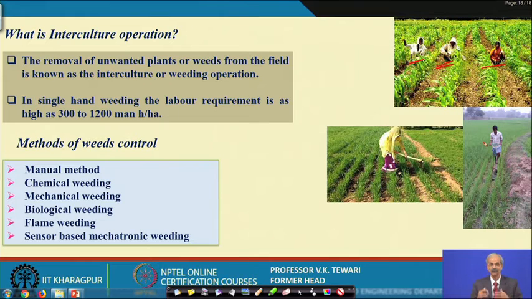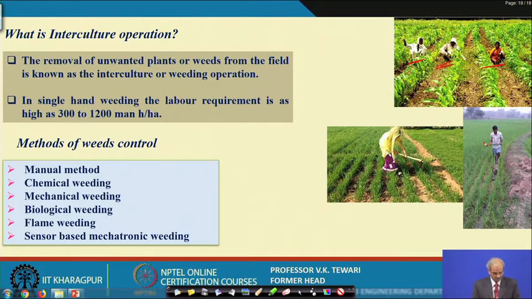With due respect to everyone, and with due respect to them, because they have been doing this. In fact, if you see the statistics today, the number of people in agricultural operations, particularly male persons, is decreasing, whereas the participation of females is increasing.